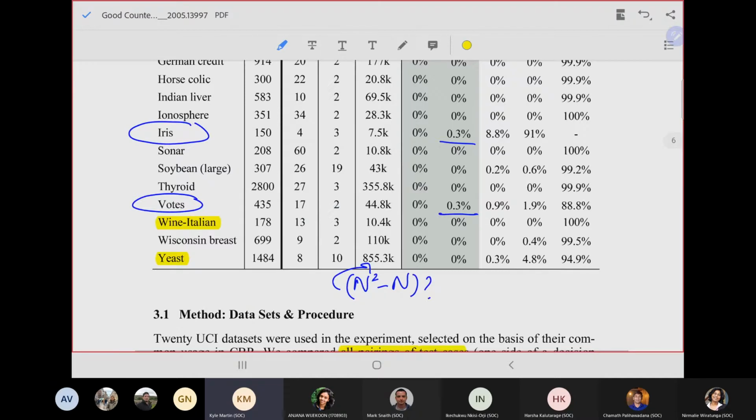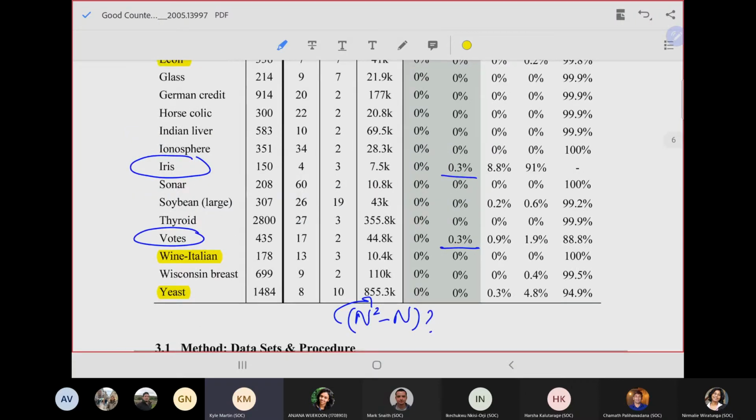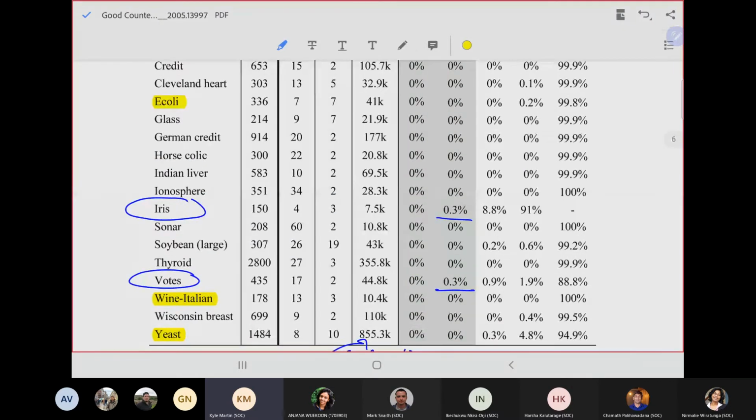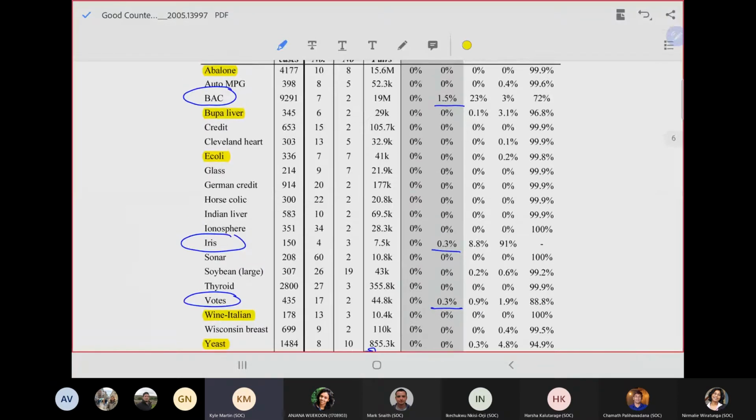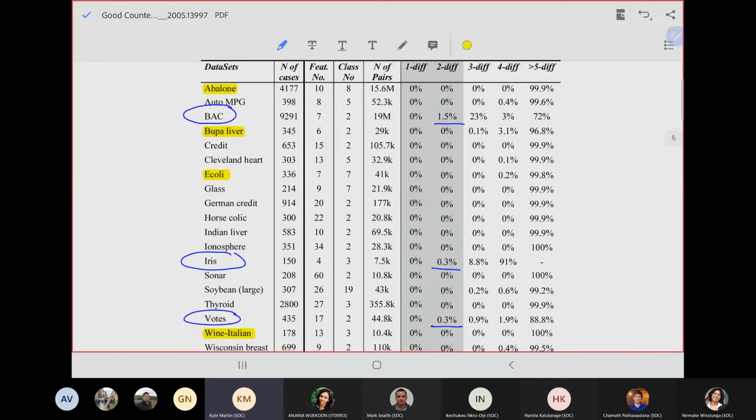And so the iris dataset, I think, is an outlier because it only has four features anyway. So you know that all decision boundaries must be elucidated by at maximum four features, and that's why you probably start to see them at two feature changes and three feature changes and so on. Back in votes, it may well be that the decision boundaries are easier to identify because of the small numbers of features and stuff.